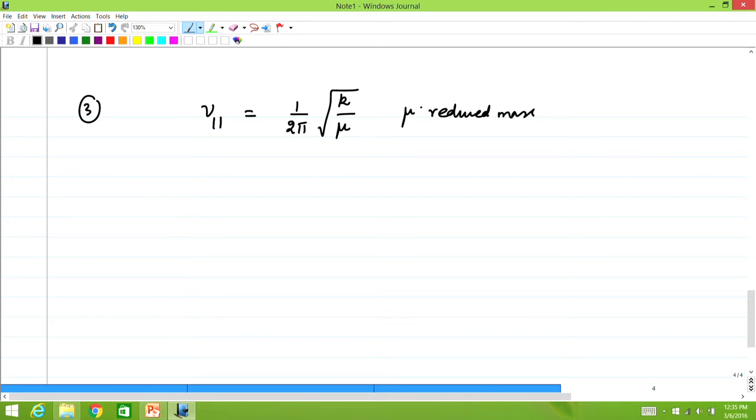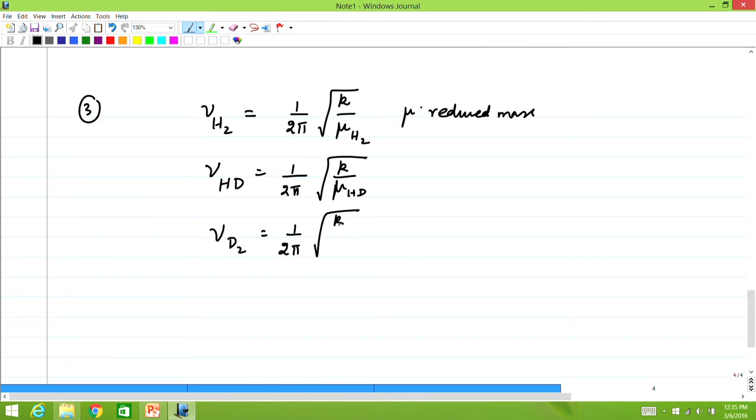Therefore, if you are writing nu of H2, it is in terms of mu of H2, and K of H2 does not change from K of HD, which is now obviously related to the mu of HD by the same relation, and nu of D2 is given by 1 by 2 pi square root of K over mu of D2.